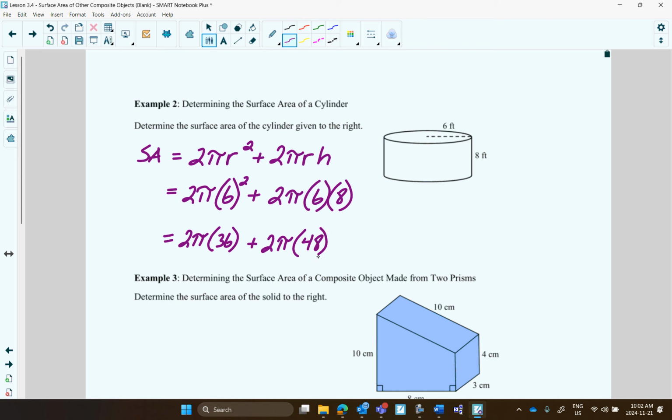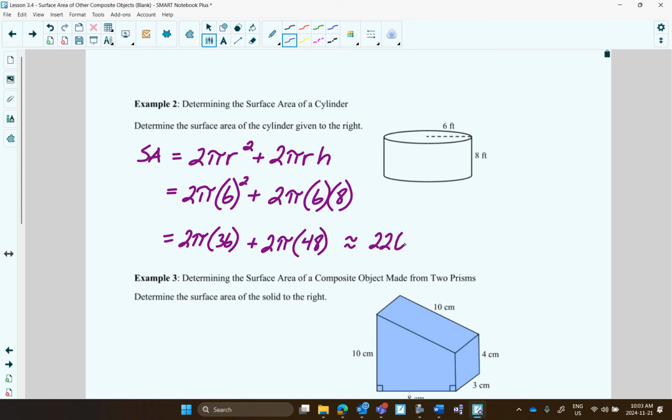Now you could use your calculator if you want. I'm going to use the pi key, so that's going to give me a slightly different answer than if you use 3.14. I should get 226.19 for this one.